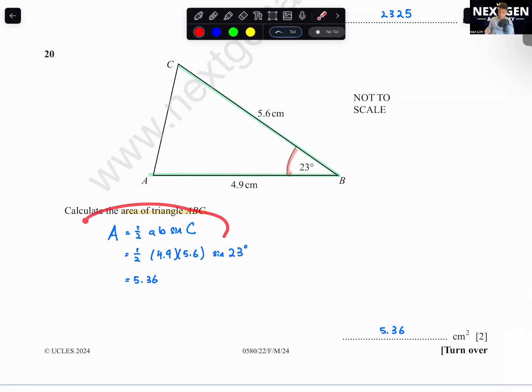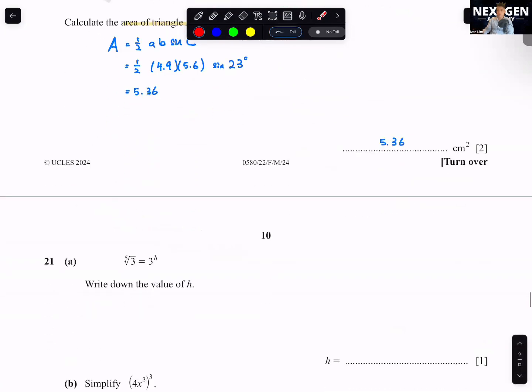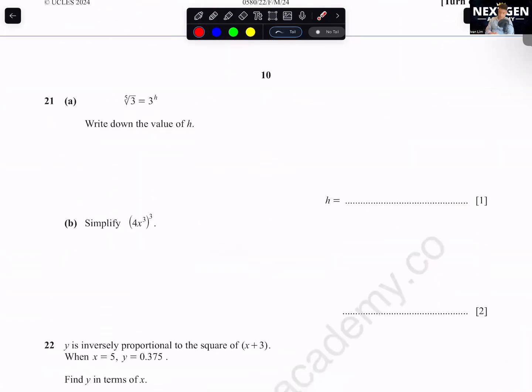No, this is just a formula that you have to know. 1 over 2 ab sine C. The C, what is inside sine, cos, and tangent will always be the angle. Got it, Jason? Yeah, so it's not the side. This one is side, angle. Every time when you all do sine, cos, and tangent, it always follows with an angle, with a theta.